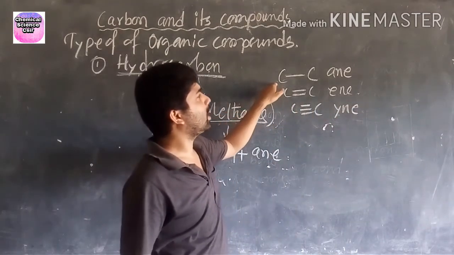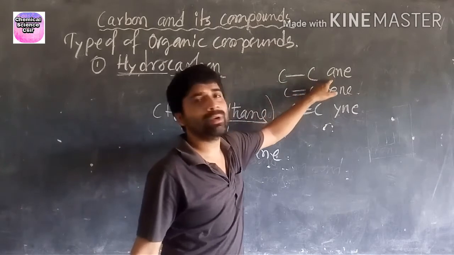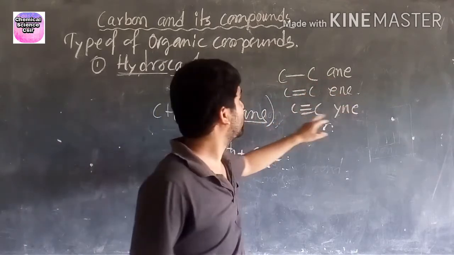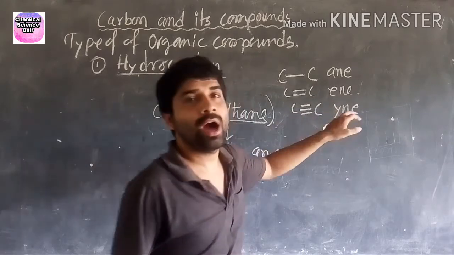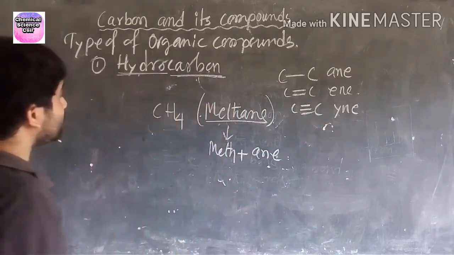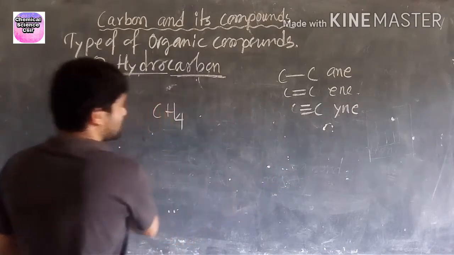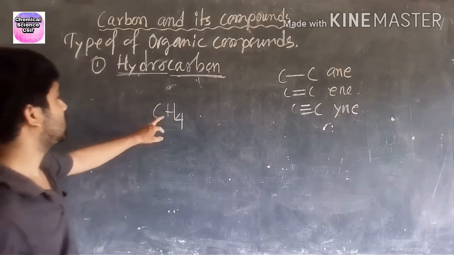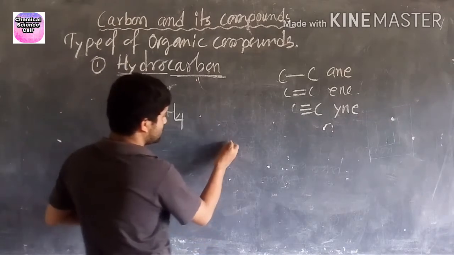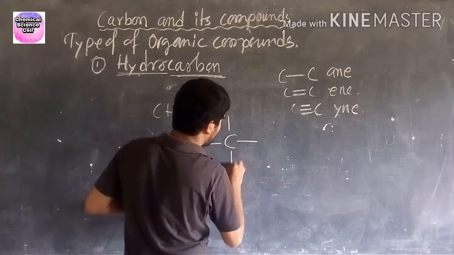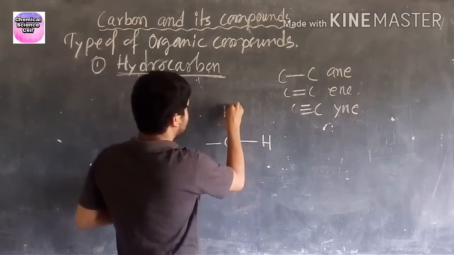So carbon single bond, you call it n; carbon double bond, this one; and carbon triple bond, this one. Now you can write the structural formula. In the structural formula, how to write? Like this: C bond.